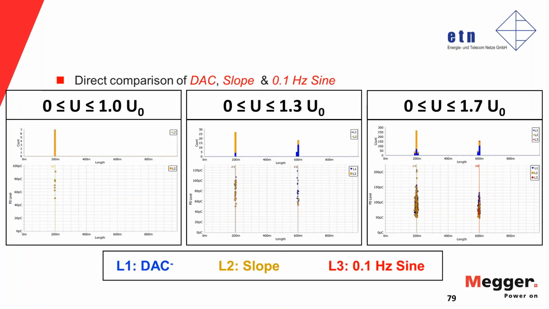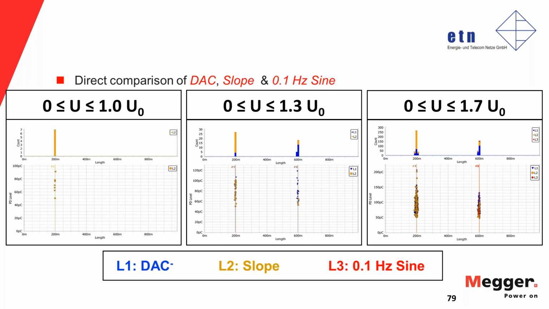What you can see here is that we did a 3-phase test, a comparison between damped AC, slope, and sine. Again, you almost see no red, but you see a lot of blue and yellow, which we color-coded to have a simultaneous comparison of the results in one trace.